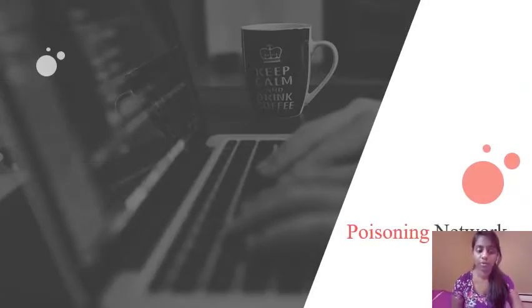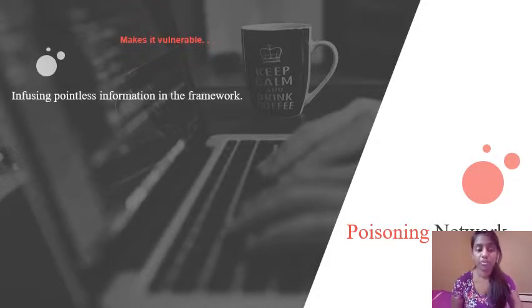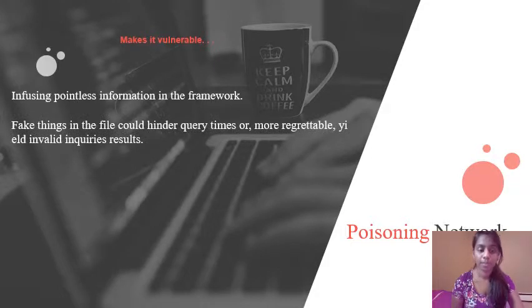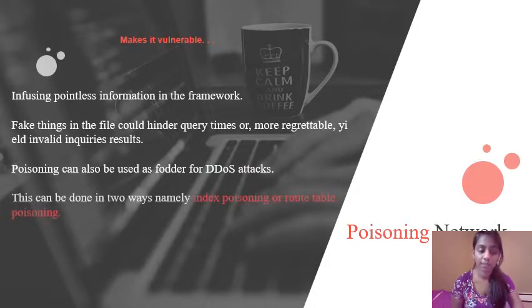The next one is poisoning the network. As the name implies, it means infusing pointless information into the framework. Fake entries in the file could hinder query times or, worse, yield invalid query results. Poisoning can also be used as fodder for DDoS attacks.